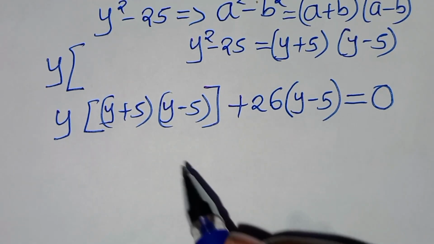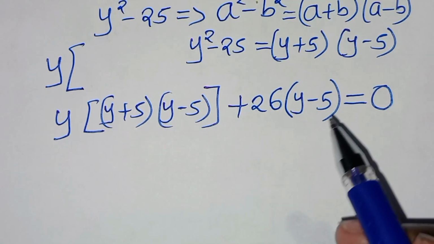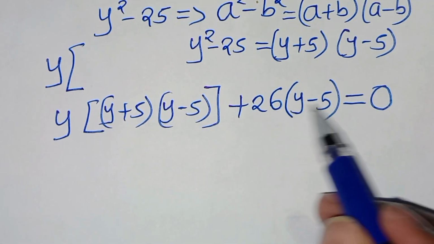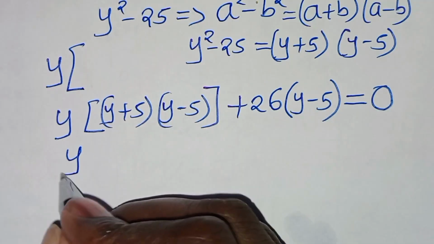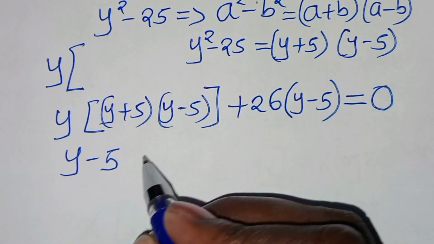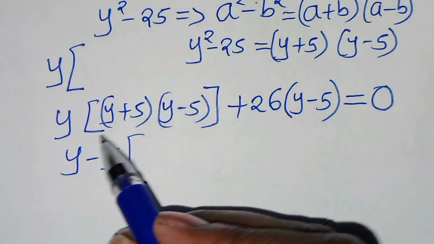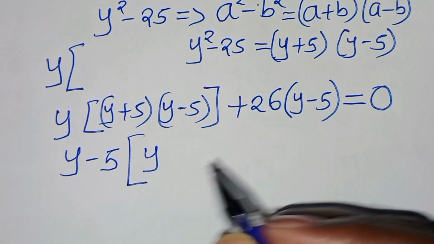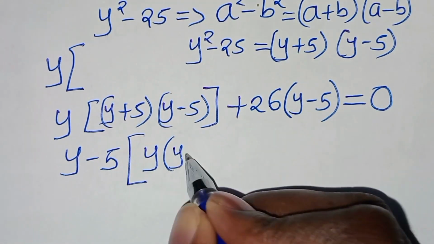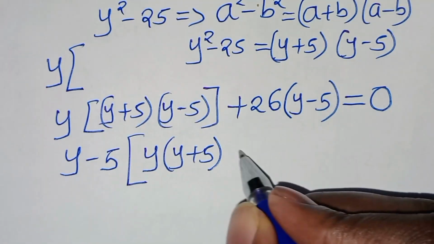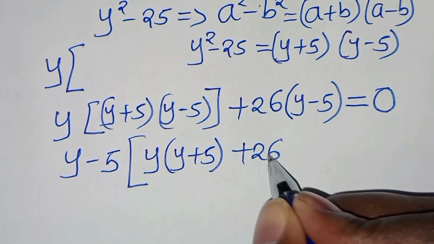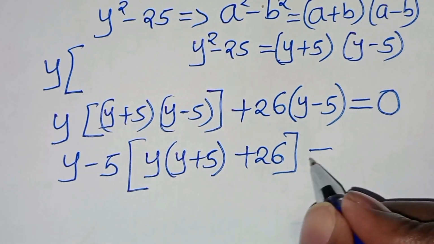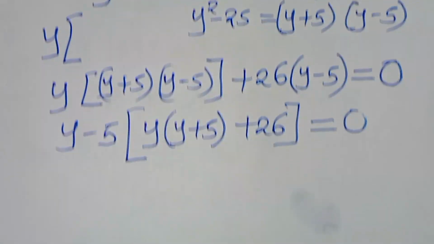The next step from here, we have that y minus 5 is common here, so we can factor out y minus 5, so that into the parentheses here, we have y multiplied by y plus 5, then plus 26, close the brackets. This is equal to 0.